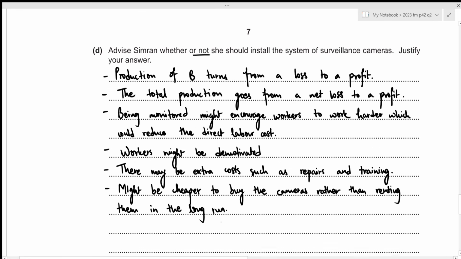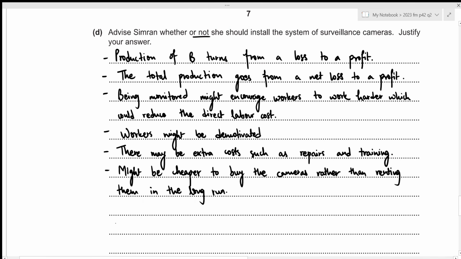Okay, now based on these factors, we need to make a decision and advise Simran. Personally, I would advise Simran that she should install the system of surveillance cameras due to the increment in profit. Let's write it down.